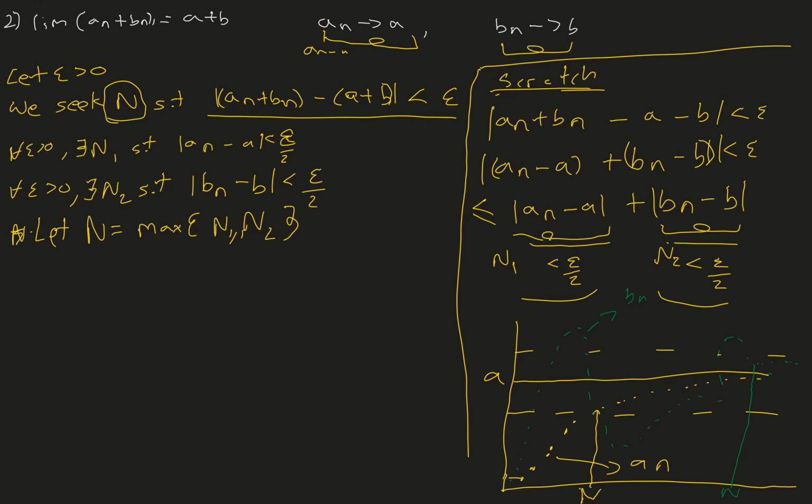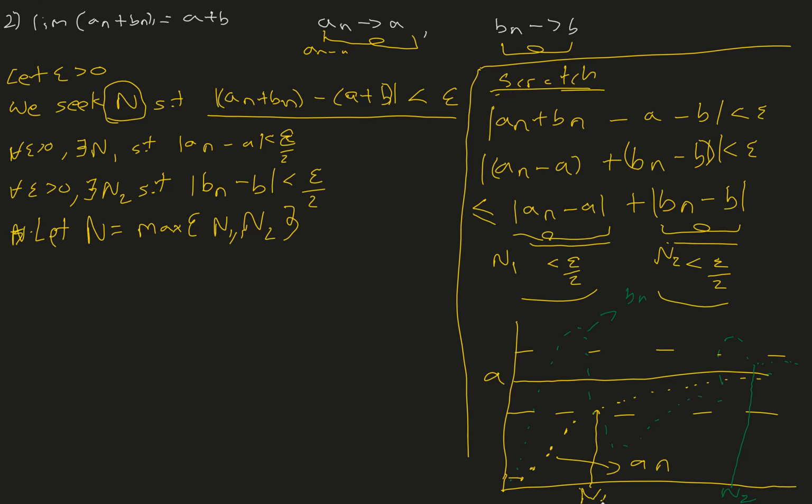So n is larger for the green sequence. By entering the tube, I mean when |bn − b| is less than epsilon. So for the green sequence, this is n2 and this is n1.